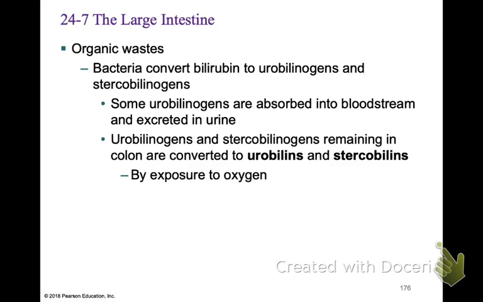The organic wastes include the bilirubin, which remember was the waste product of hemoglobin. And the bacteria actually get some nutritional value out of that, and they take that green bilirubin and convert it to the brown pigments we associate with feces. If you have someone who's not secreting bile properly, then their feces can be just like the palest tan color from lack of bilirubin.